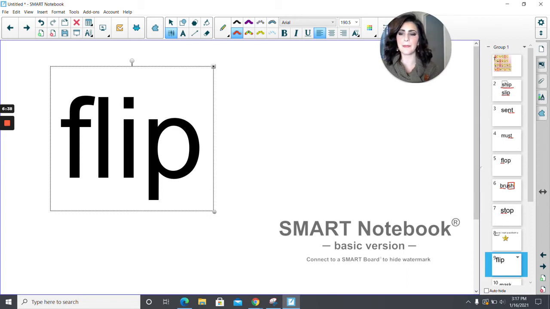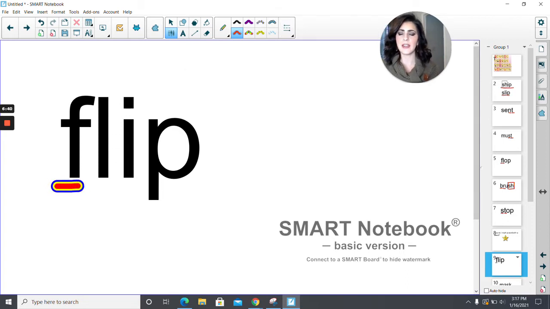So for flip, we have F and L, okay, they're blended letters. They're not glued. So the way that you mark a word with a blend is you just underline each letter in the blend.